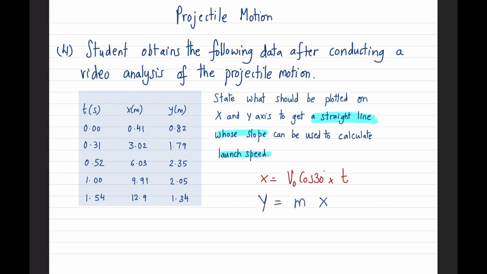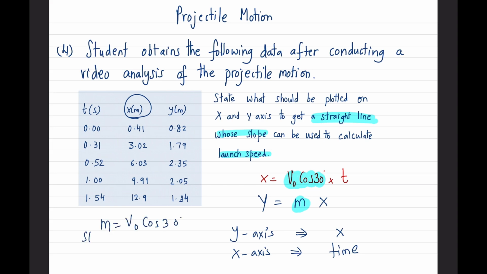If I plot on the y axis, that is the vertical axis, x, and on the x-axis I plot time, I will get a straight line because this equation is in the format of y equal mx plus c, where m is equal to v0 cosine 30. That means the slope is equal to v0 cosine 30.